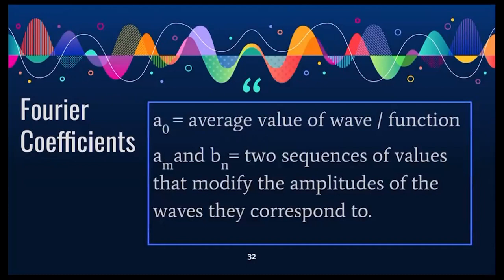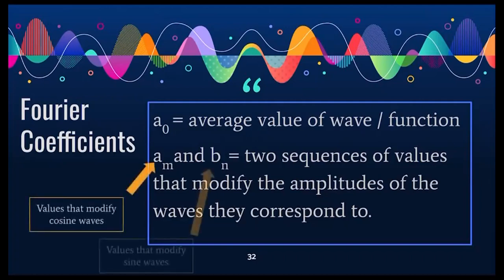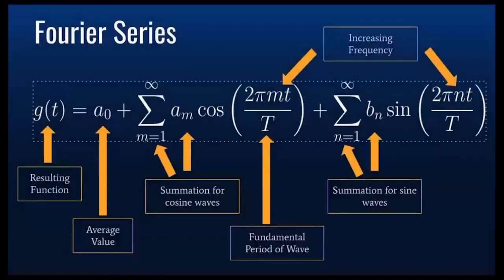So a sub 0, once again, ends up being the average value of the wave or function. And a sub n and b sub n are two sequences of values that are going to modify the amplitudes of the waves they correspond to. A sub n will end up modifying cosine waves, and b sub n will end up modifying sine waves. And we can see that if we look at the whole equation of the Fourier series. So this is the general equation of the Fourier series. It still might look very intimidating, but really it's what we just discussed.